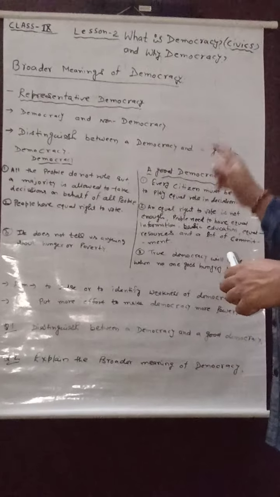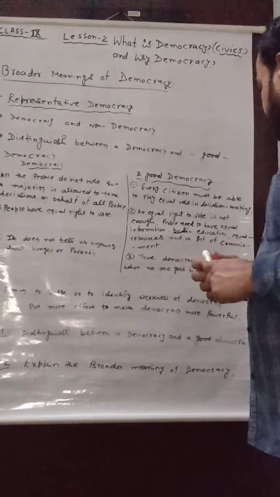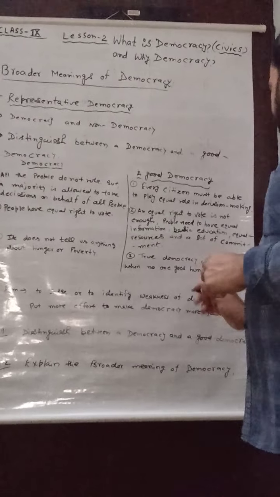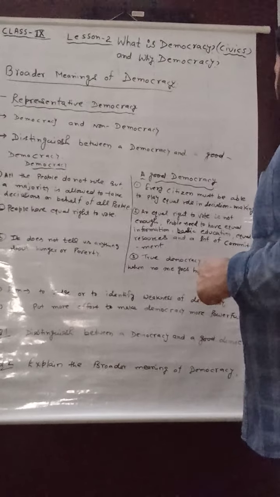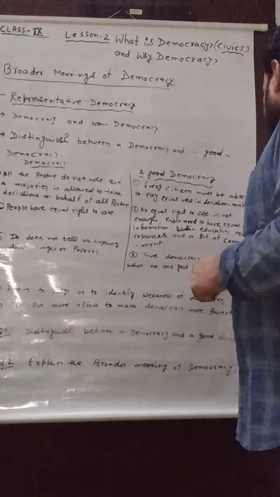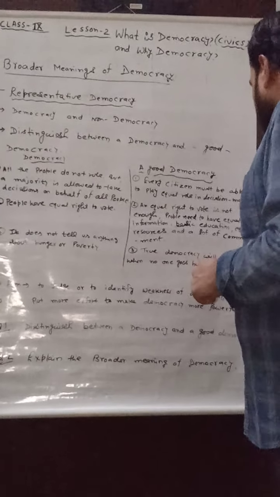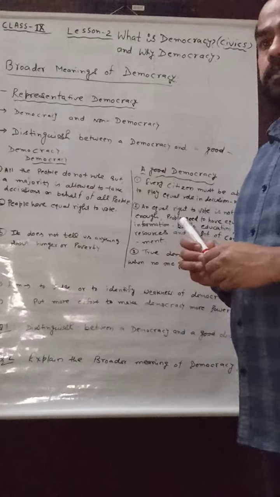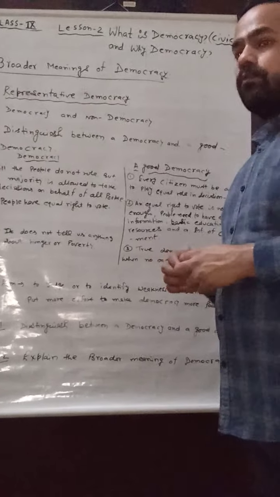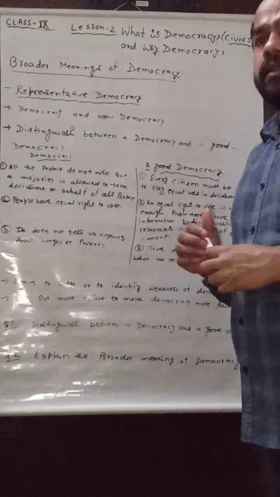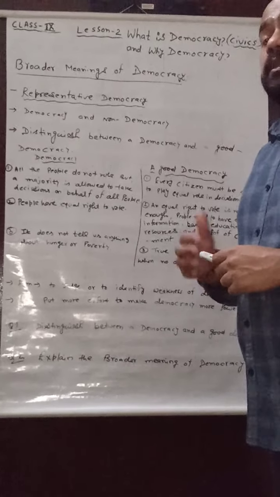But in a good democracy or a true democracy, it is very essential that no one goes hungry to bed. Means in a good democracy we find that no one will be hungry. Each and everyone will get food and nobody will die for lack of food.